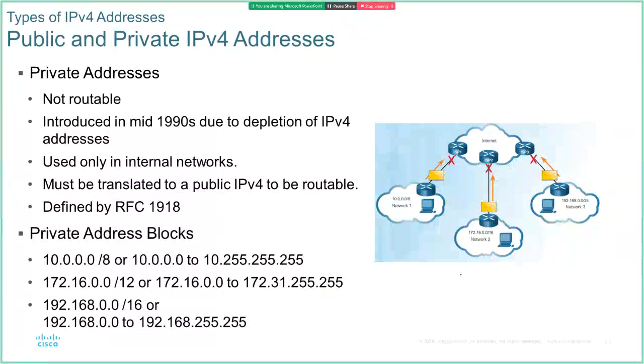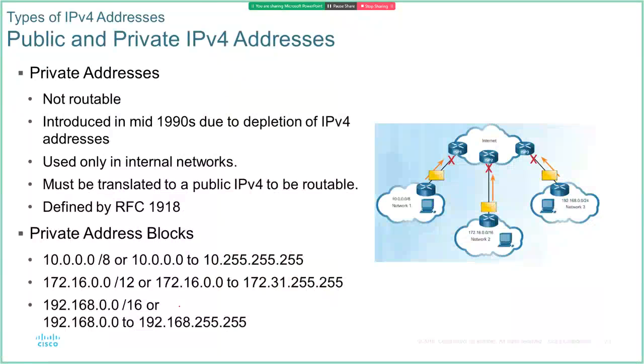Private addresses are the address space that is used within your network and is not seen by the internet. Service providers will not route these blocks of addresses because they get reused by everybody.